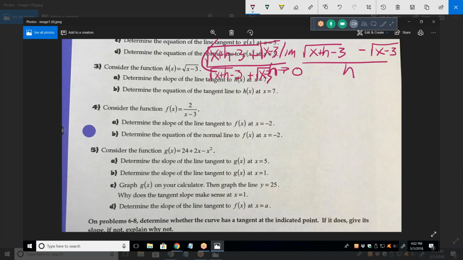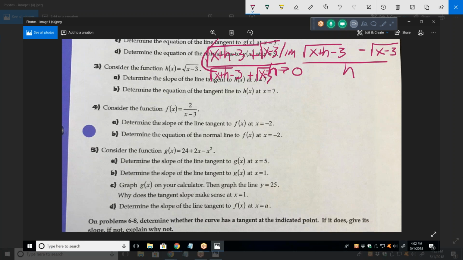If we're doing it by the f of x minus f of a, that'll get us to the answer a little quicker, but it's not the best way to do it. Let's do it both ways. You'll see. No, wait, we do it this way in class, but instead of leaving x as x, we always substitute in whatever we're trying to find x as. So we're trying to find x at 7. That's not the way we do it if we're trying to find the derivative function. You'll see what I mean.